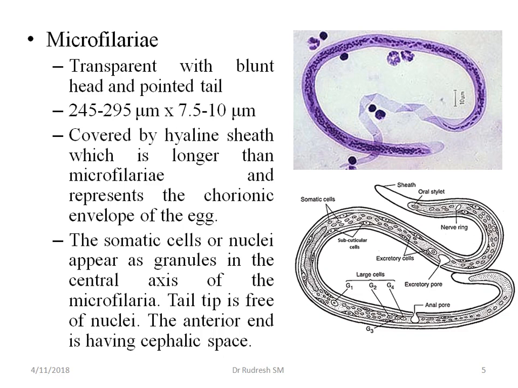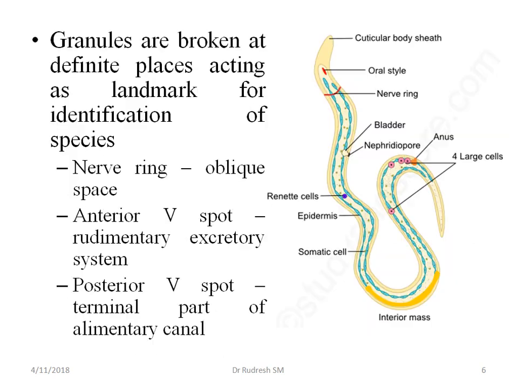The anterior end also does not have the nuclei, and it is called the cephalic space. These granules or nuclei are broken at some definite places, which act as landmarks for the identification of the different species of filarial worms.